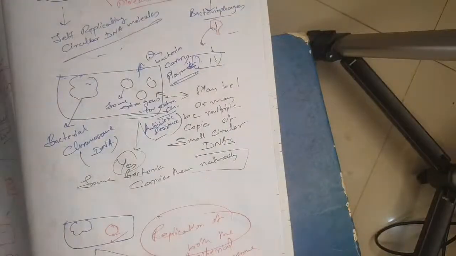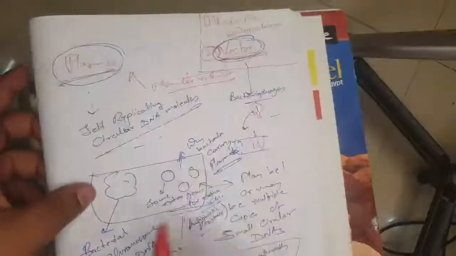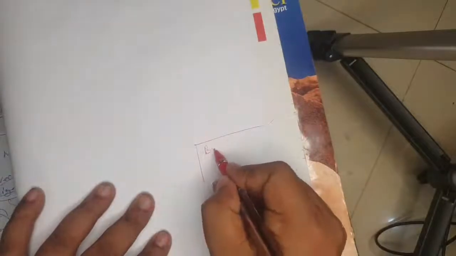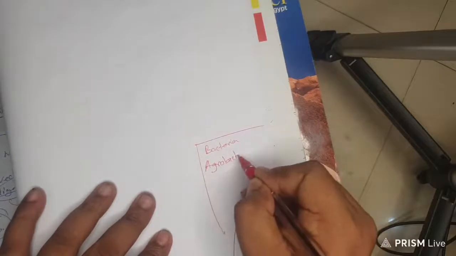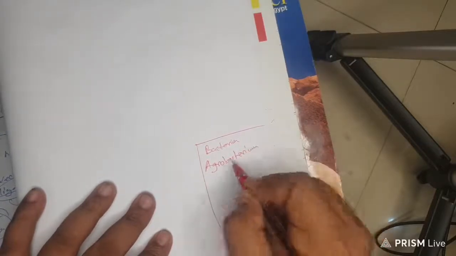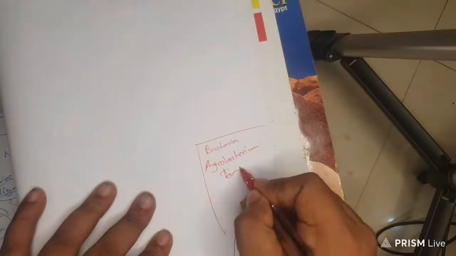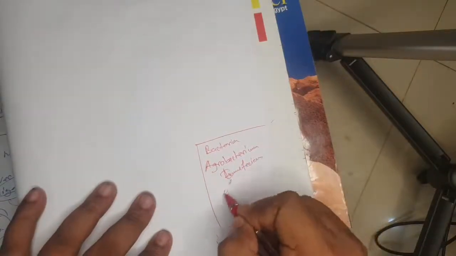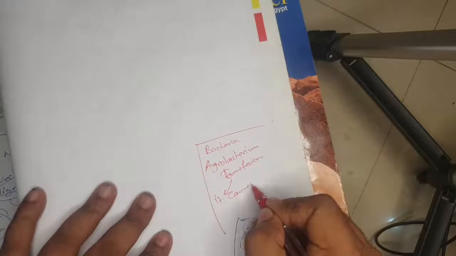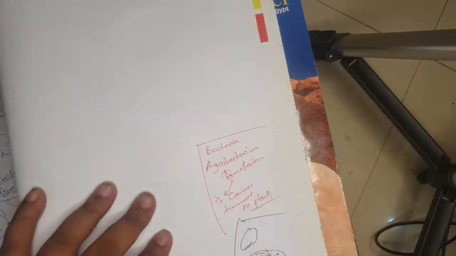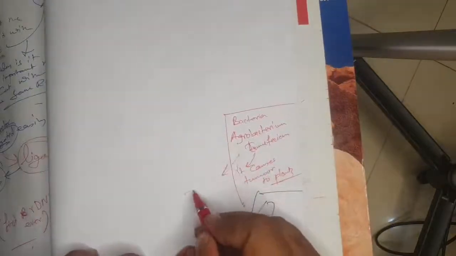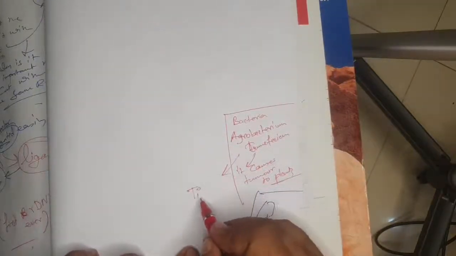Some other characteristics are also there. There is a bacterium called Agrobacterium tumefaciens. It causes tumors in plants. This bacterium carries a plasmid called the Ti plasmid.